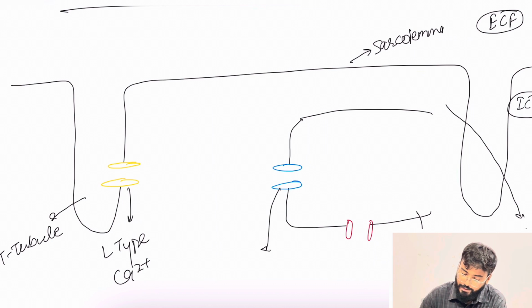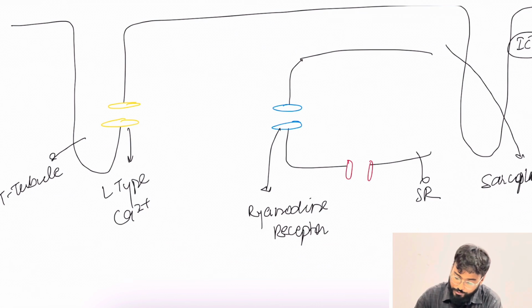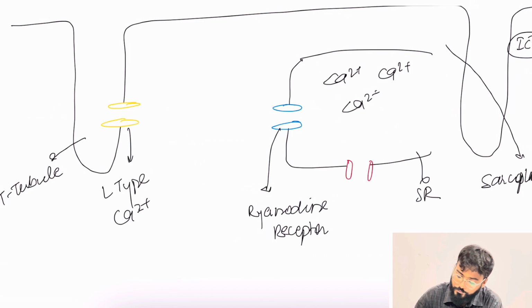And this here is your ryanodine receptor. Okay, so this is the store of lots of calcium ions.